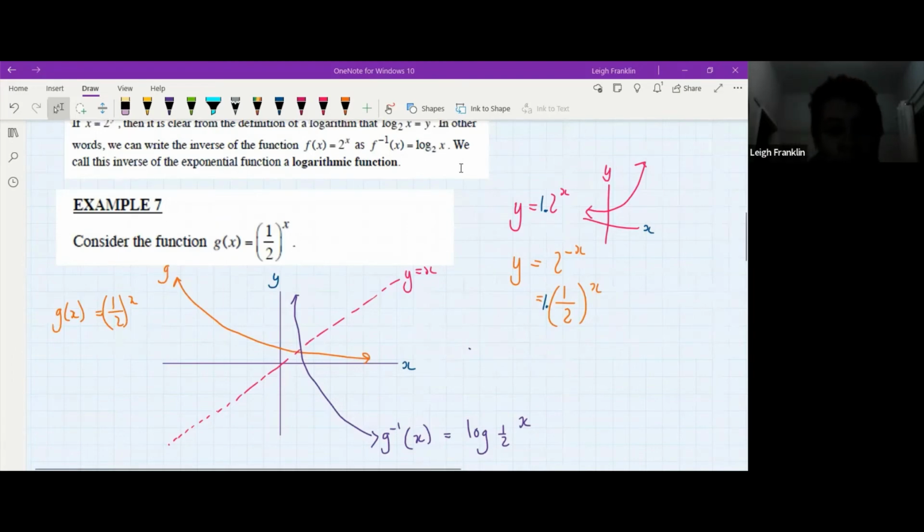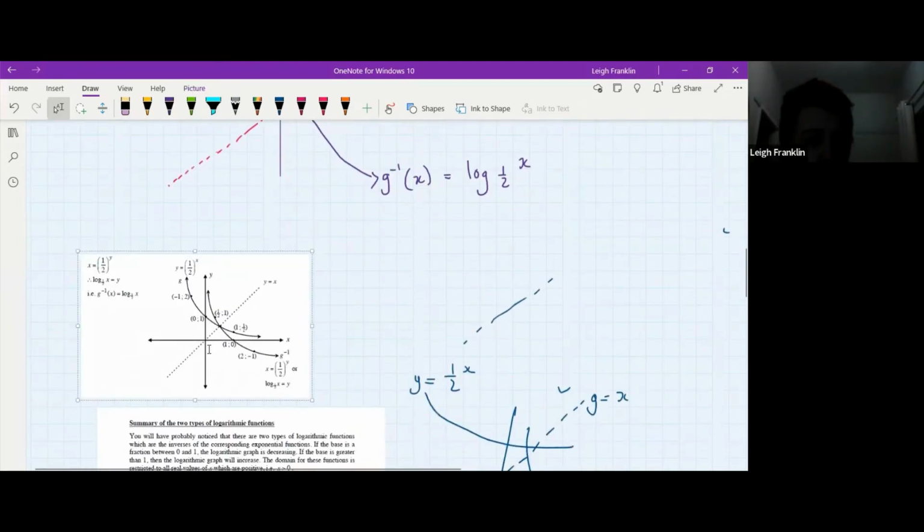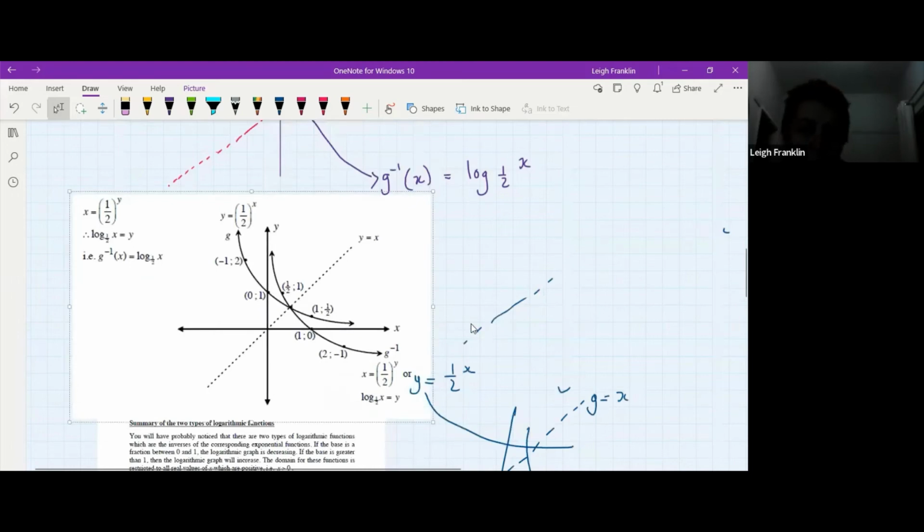Originally we had a y-intercept and our x-axis was our asymptote. Now we have an x-intercept and the y-axis is now our asymptote. So it would basically end up looking like that. That's a better version of what I just tried to draw. That would be it in a nutshell.